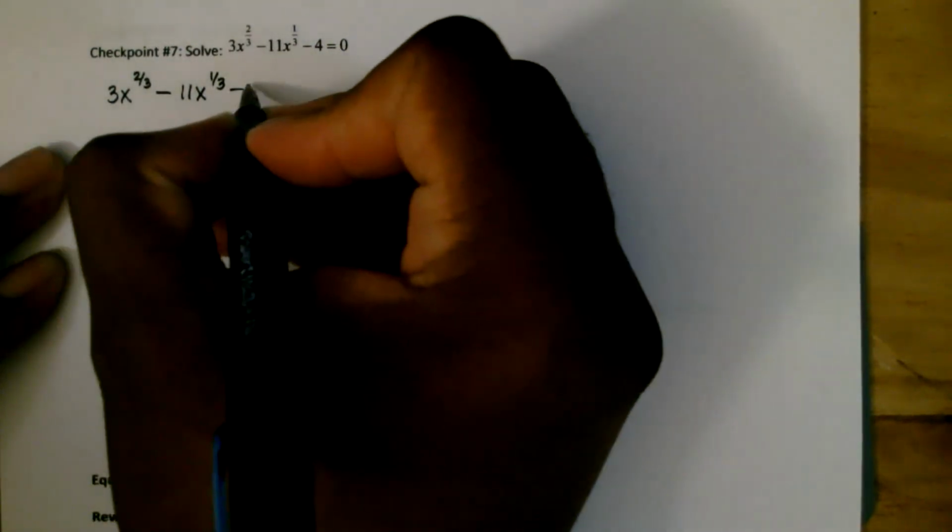All right, here's another example. Let's look at the one that has fractions in the exponent. So here we got 3x to the 2/3 minus 11x to the 1/3 minus 4 equal to 0.